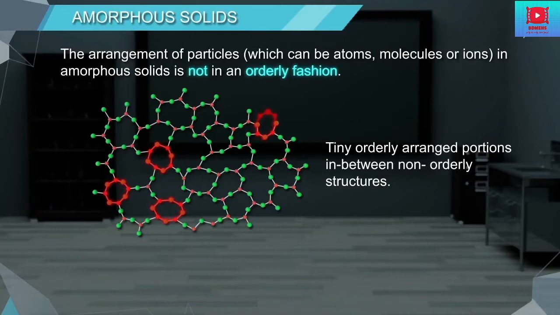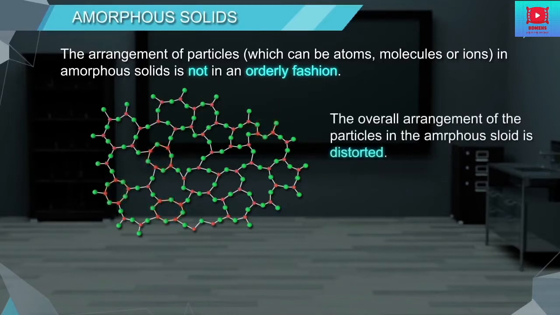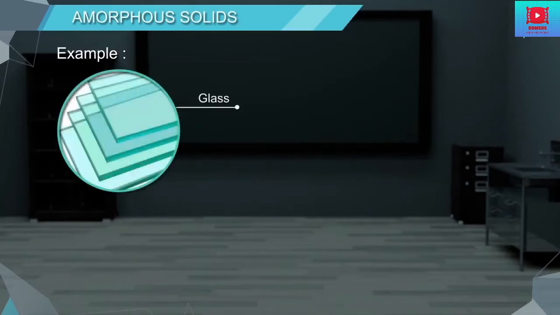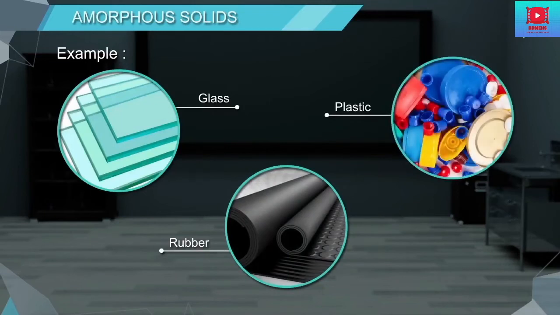Since they are very small in number, they cannot influence the overall structure. Due to this, the overall arrangement of the particles in the amorphous solid is distorted. Examples of amorphous solids are glass, rubber and plastic, etc.